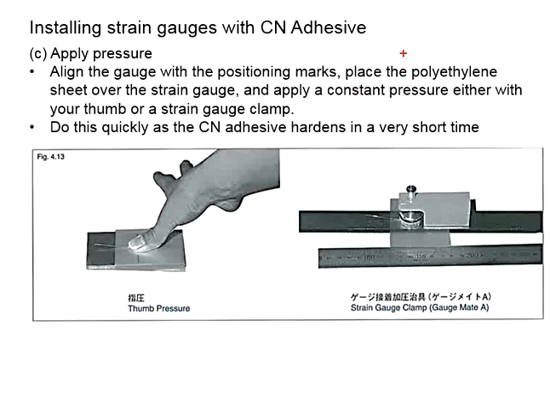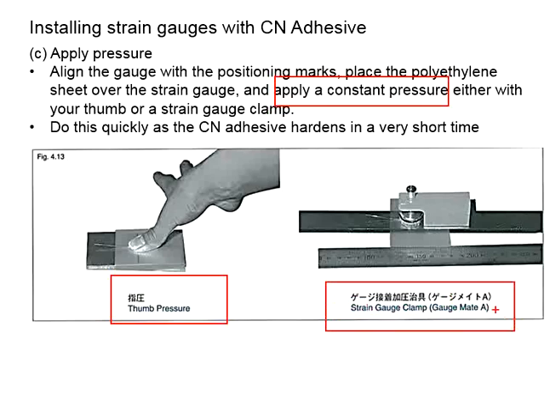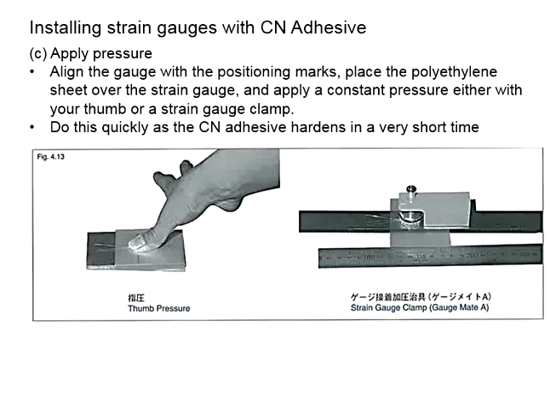Now, place the polyethylene sheets over the strain gauge. Apply a constant pressure either by using your thumb or using the strain gauge clamp. Wait until the adhesive hardens. Then you may remove the polyethylene sheet.